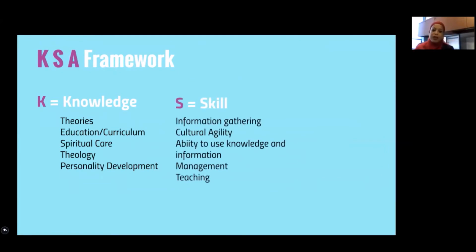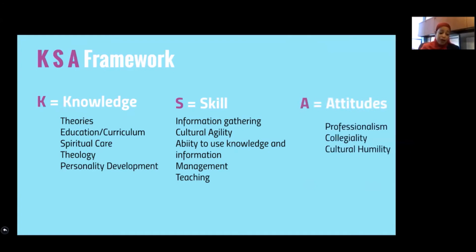Under skills, they learn information gathering, cultural agility, the ability to use knowledge and information, management skills, and teaching skills. Attitudes are professionalism, collegiality, and cultural humility. This framework of knowledge, skills, and attitudes is the foundational competencies that the aspirants are going to be required to have.